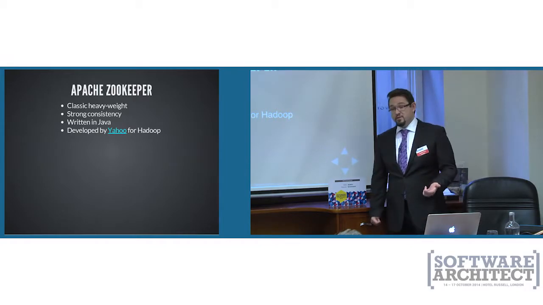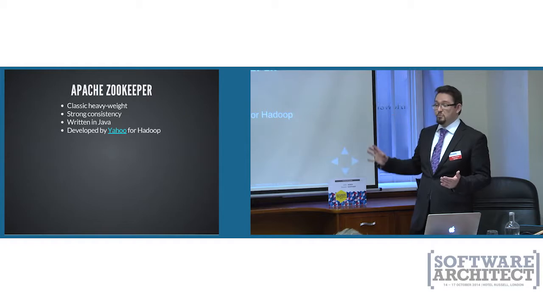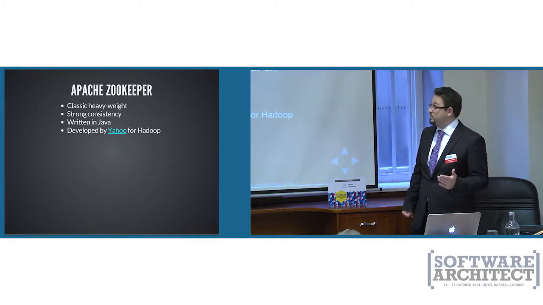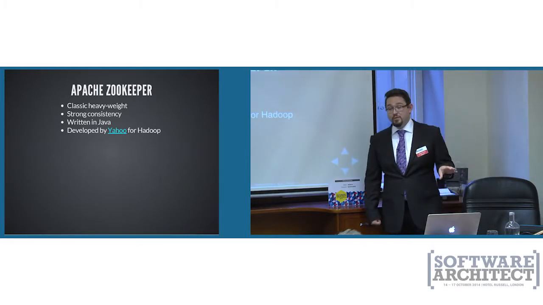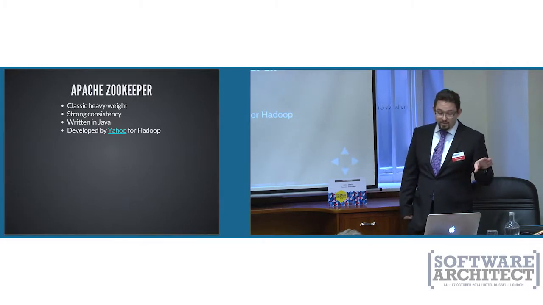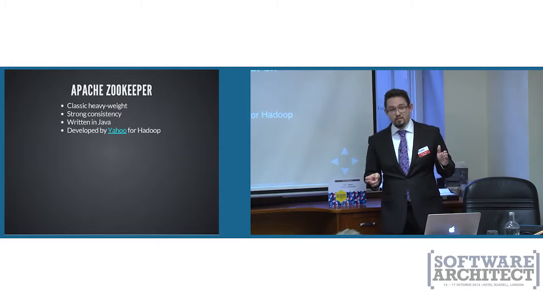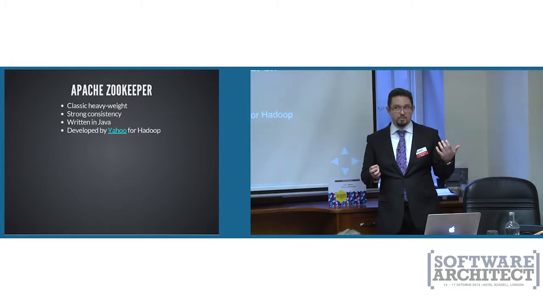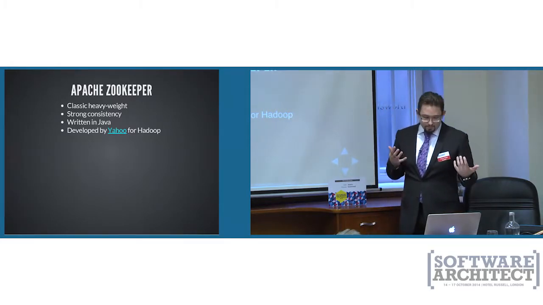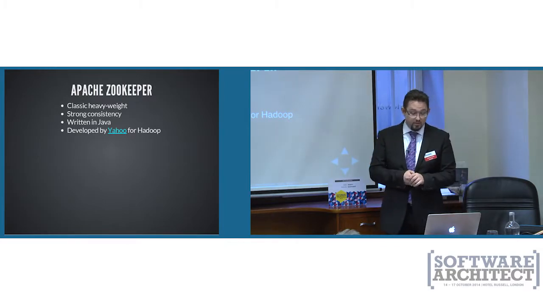Another one which is very well known, originally developed by Yahoo for the Hadoop project, is Apache Zookeeper, and it's written in Java. It's quite heavyweight. It's robust. It's consistent. It has strong consistency.